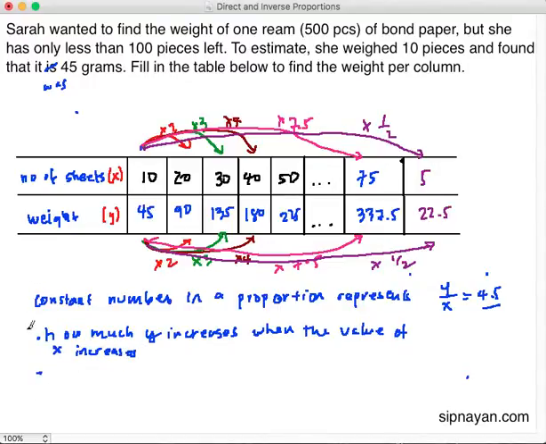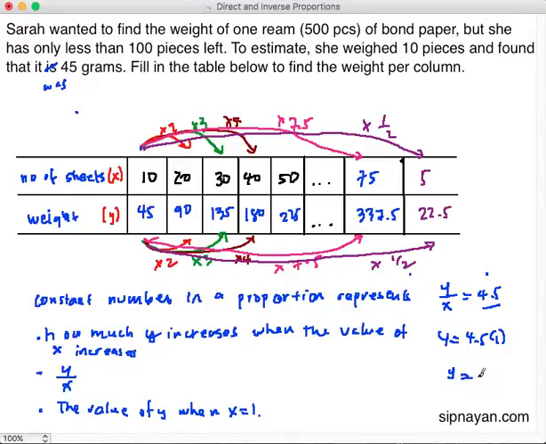Pangalawa, pwede rin natin siyang i-represent as y over x. At pangatlo, the value of y when x equals 1. So when x equals 1, we have y equals 4.5 times 1, and y equals 4.5. So when x equals 1, the value of y is 4.5.